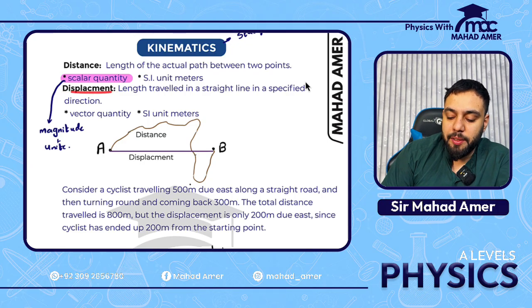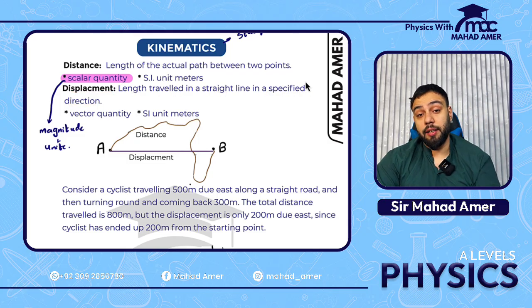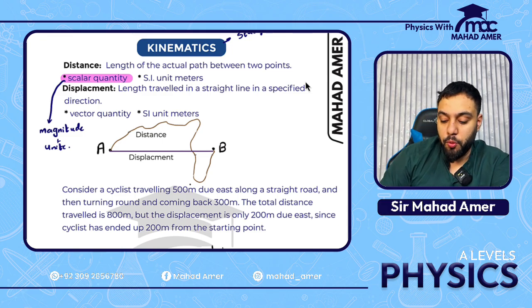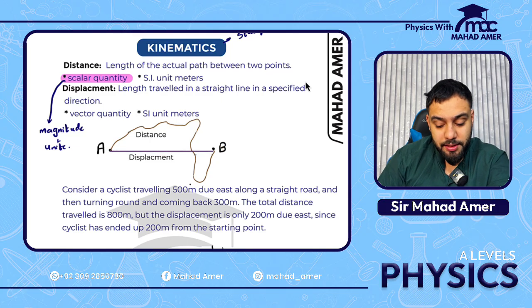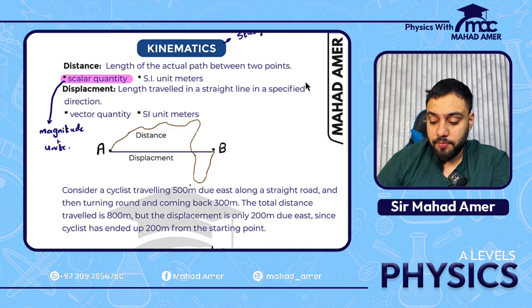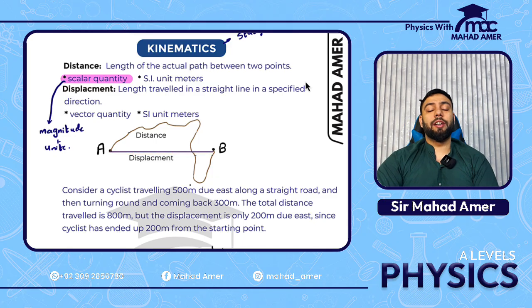Kids, displacement is the length traveled in a straight line in a specified direction. Length in a straight line. So if I'm going from A to B, the shortest possible distance from A to B is known as the displacement. Length in a straight line, and it is a vector quantity.